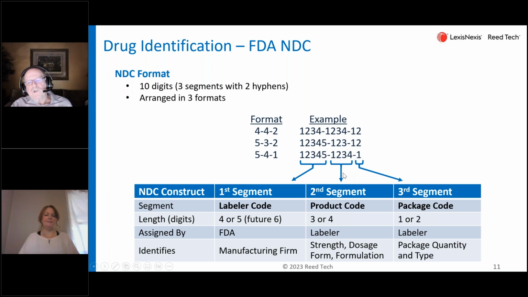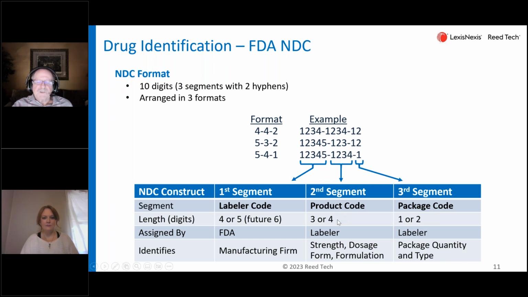The second segment is the product code, again 3 or 4 digits in this case. That's the responsibility of the labeler. And based on some rules, the strength, the dosage form, and the formulation, ingredients, and so on, would all have to be the same for that particular product.